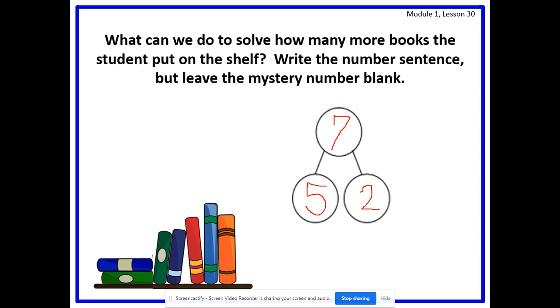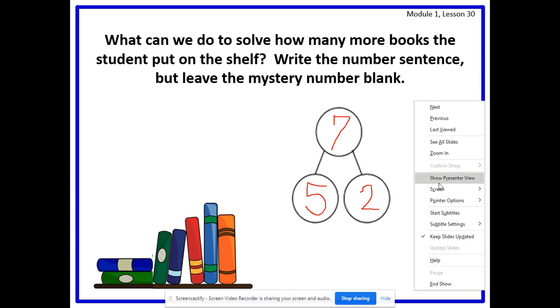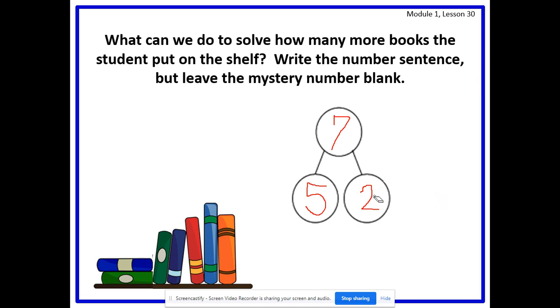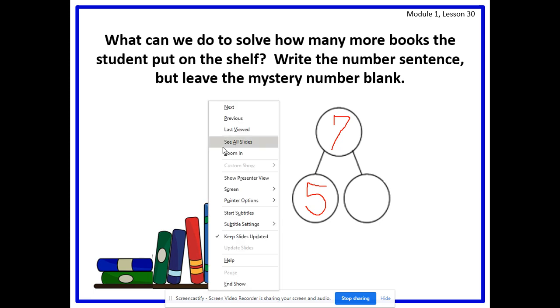What can we do to solve how many more books the student put on the shelf? We're going to write the number sentence, but we're going to leave the mystery number blank this time. So let me go ahead and erase this, because we're going to write an addition and a subtraction number sentence, but we're going to leave our mystery number blank.